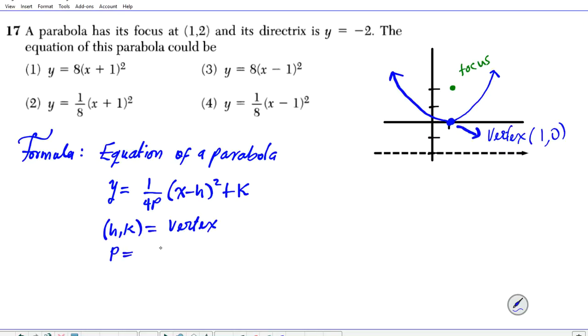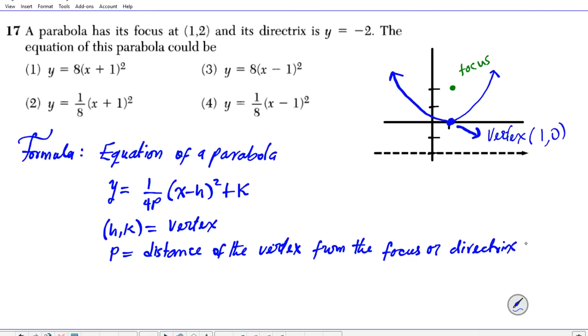The p-value is the distance of the vertex from two possible locations: from the focus, or from the directrix.